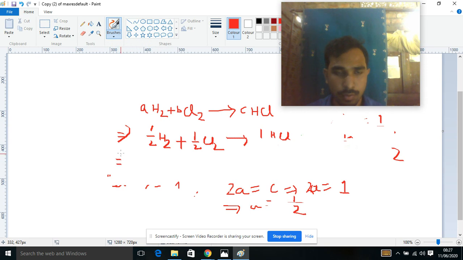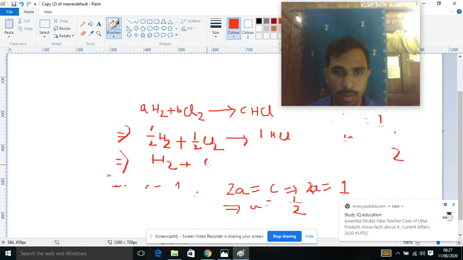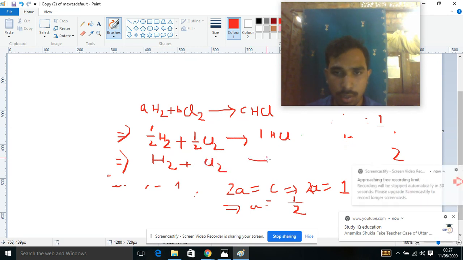So to remove the half, I have to multiply this equation by 2. I will get H2 plus Cl2, and 1 into 2 equal 2 HCl.